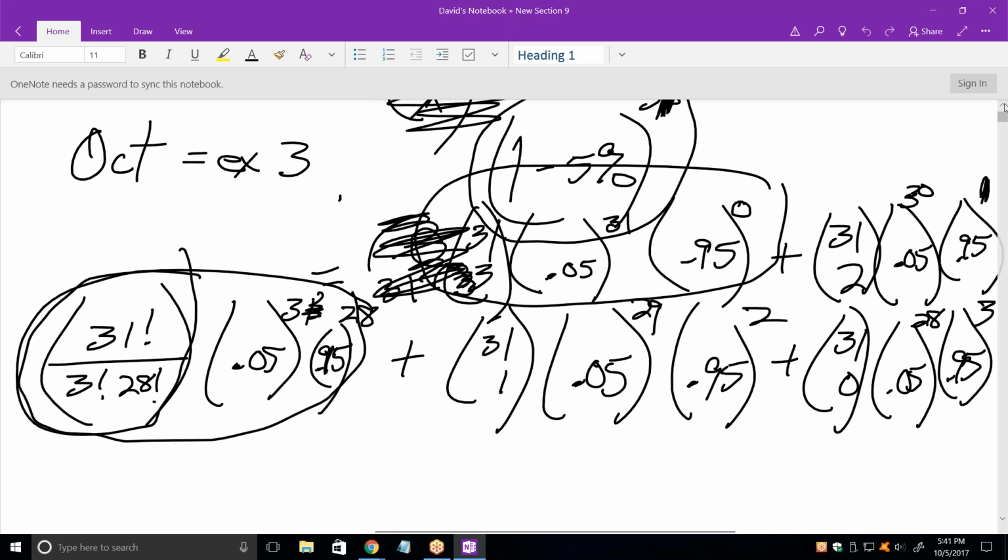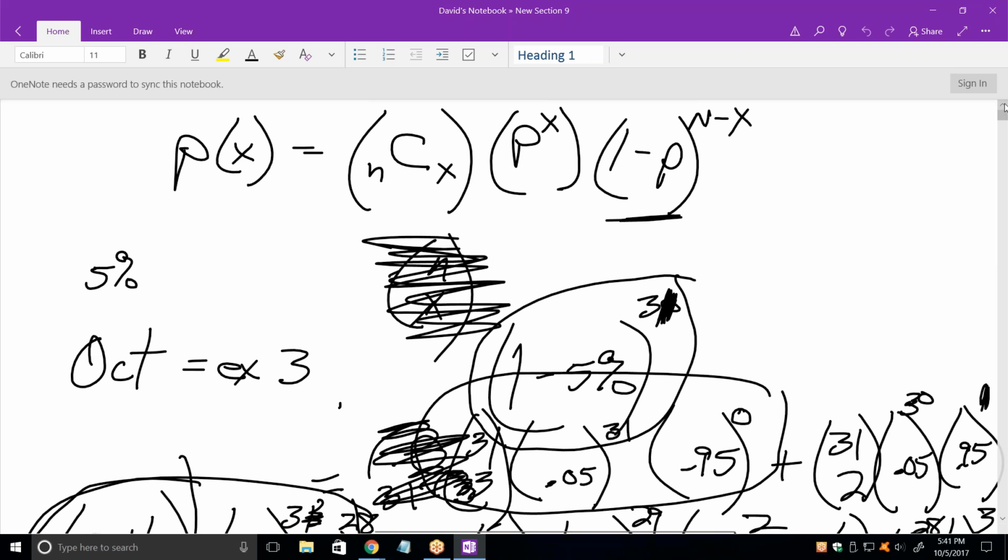Is that what that second exponent is? Yeah. So for any specific number of months, that's n, and number of successes is x. Just fill it in.